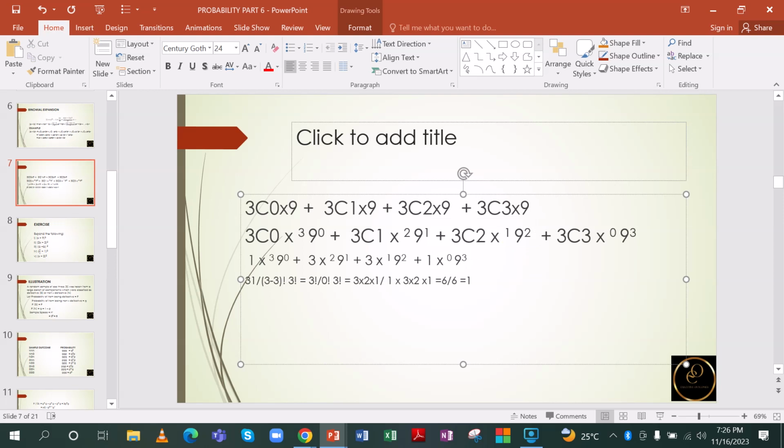All together? Yes, sir. So now, if I remove that and simplify this one, what does it give me? Nine.